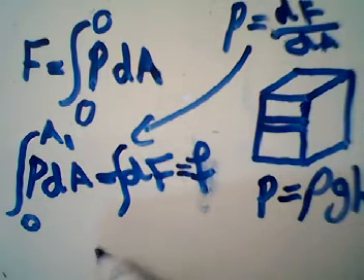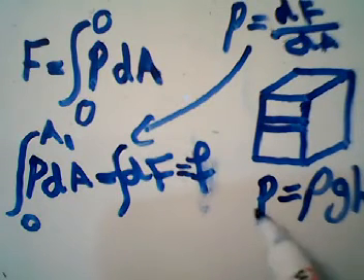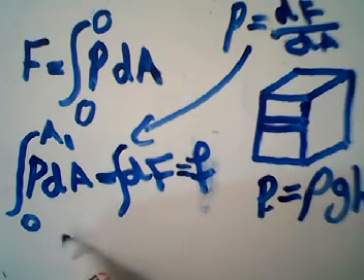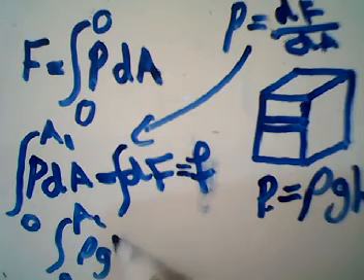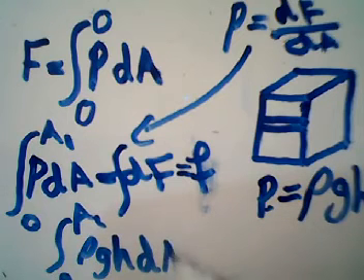Okay, now let's calculate it. Substitute rho g h here, the integral from 0 to A1 of rho g h dA. But this is dA, this is h.